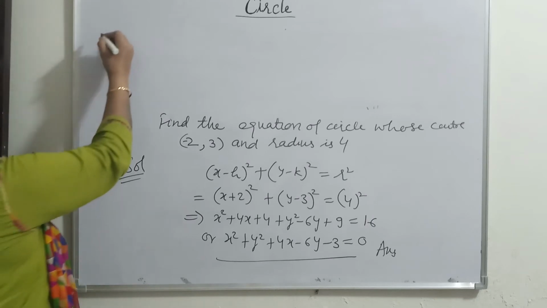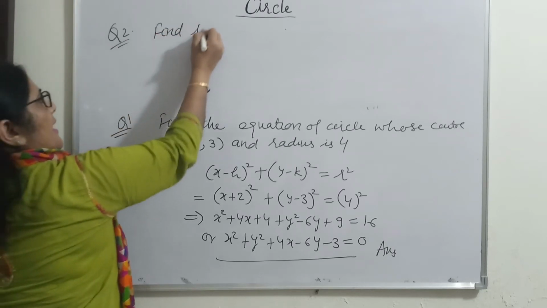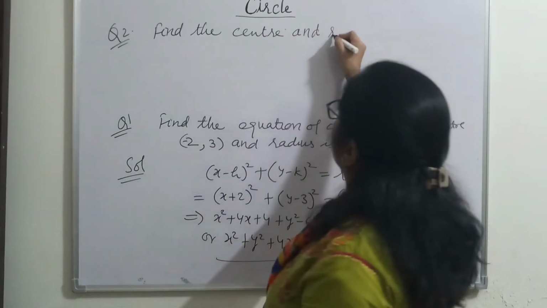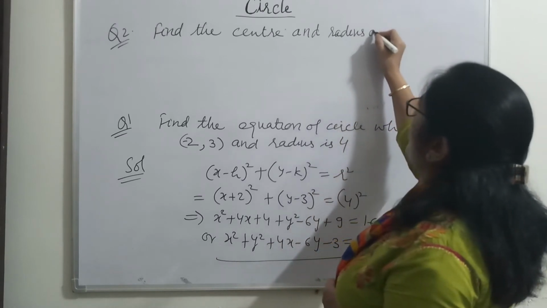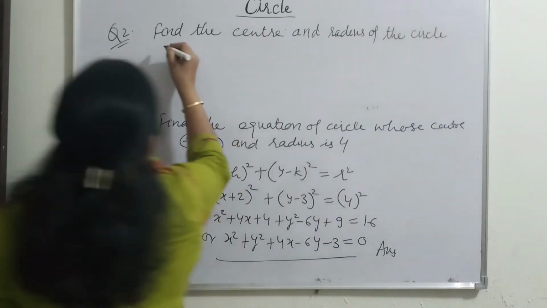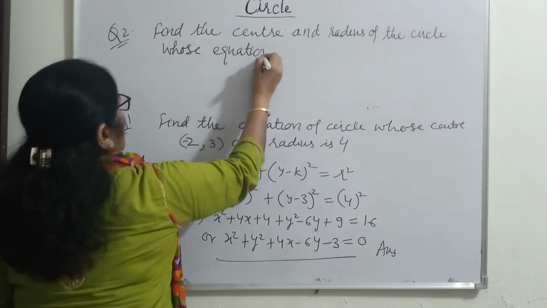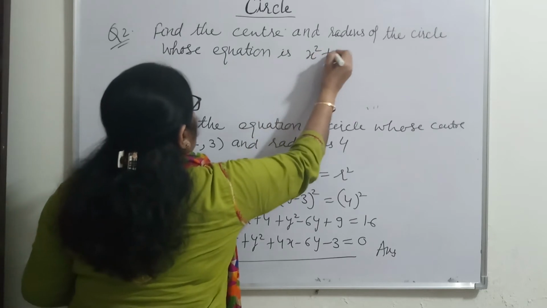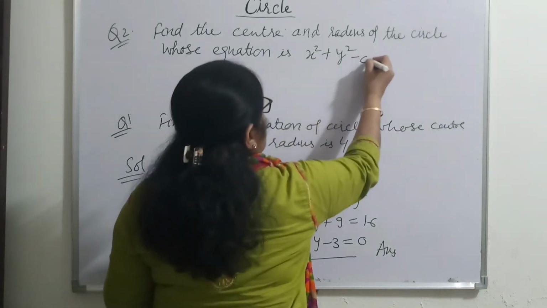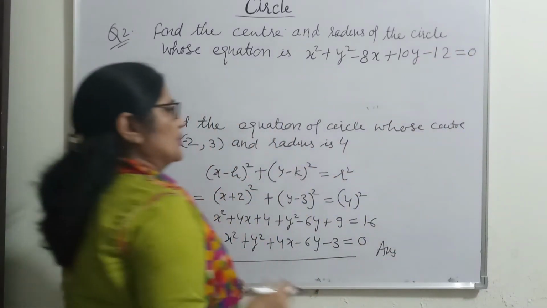The problem is, find the center and radius of the circle whose equation is x square plus y square minus 8x plus 10y minus 12 is equal to 0.